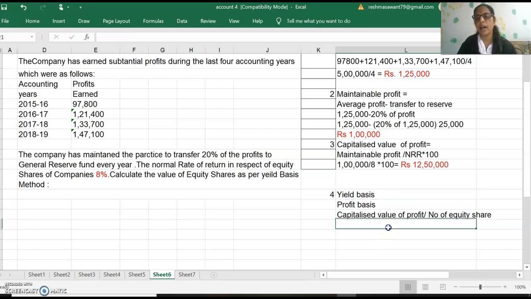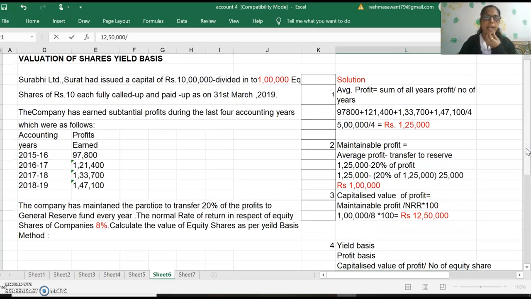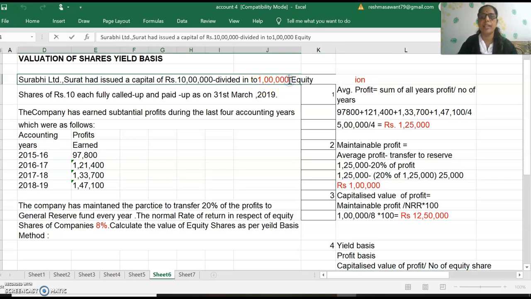So in the above calculation number 3 we found rupees 12,50,000 as the capitalized value of profit. Use that amount, 12,50,000, divided by the number of equity shares. The number of equity shares mentioned in the question, which we highlighted already, is 1,000 equity shares of rupees 10 each. So we need only the number of equity shares.